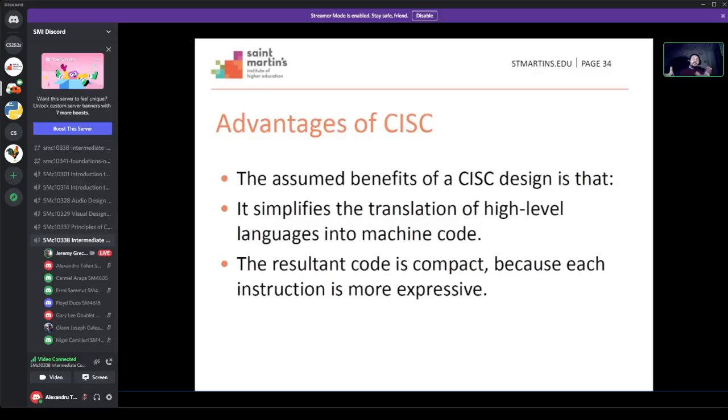However, obviously this comes with a certain element of benefits.